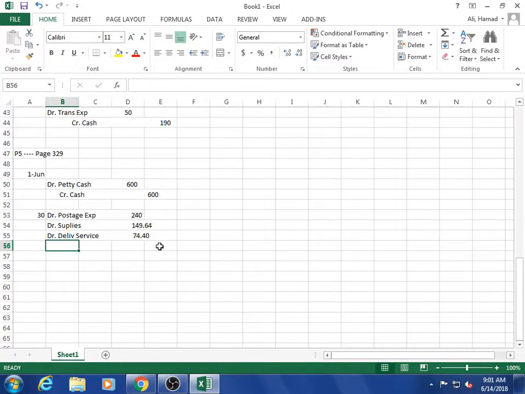What else? You got your rubber stamp. Anything other than rubber stamp?